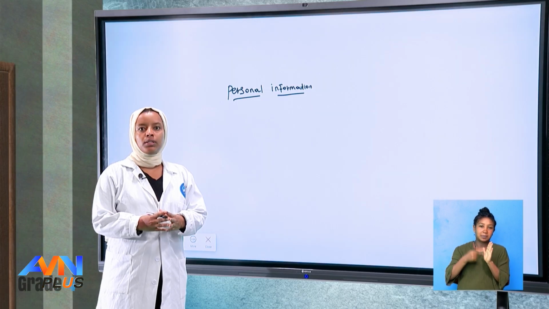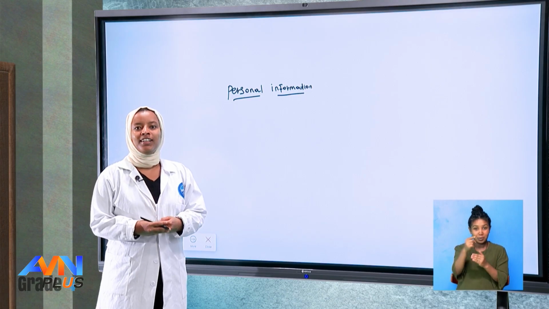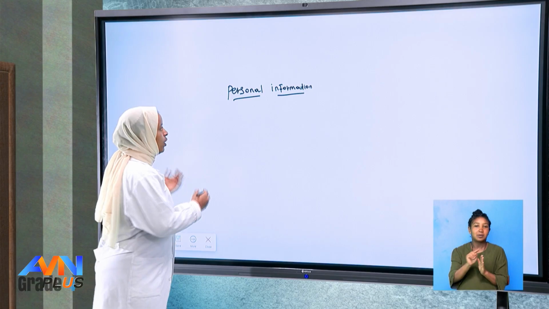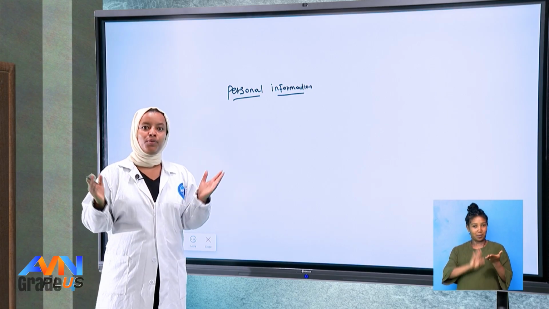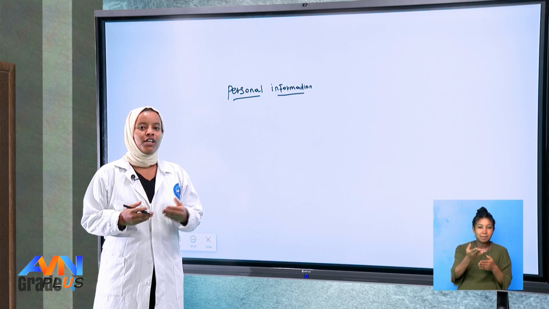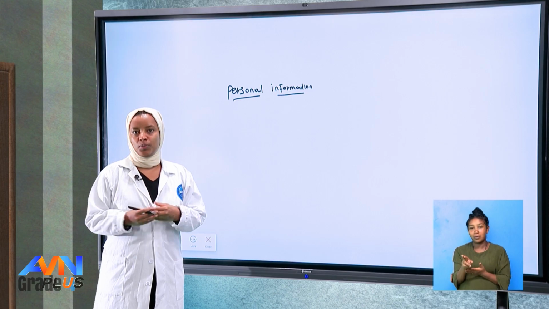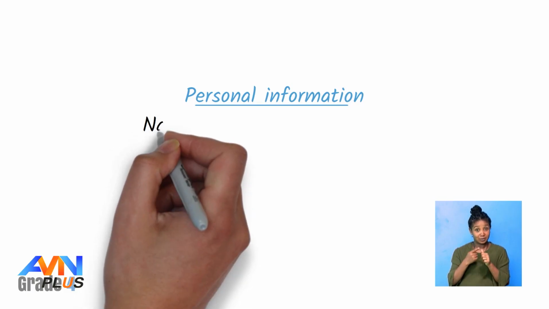Sometimes in school, someone asks you about your personal information, like where were you born? It might be your name, your age, your mother's and father's names, also phone number. The first thing is name.